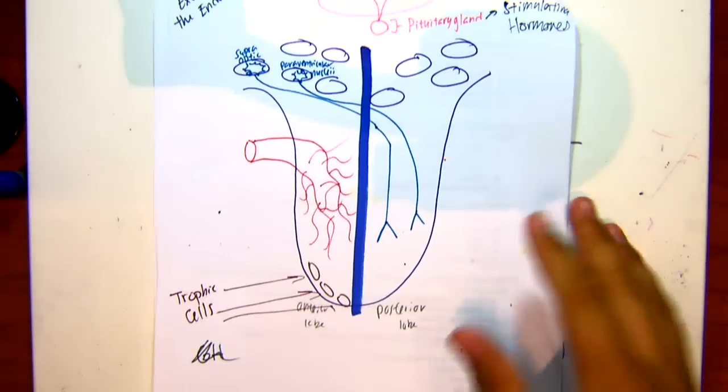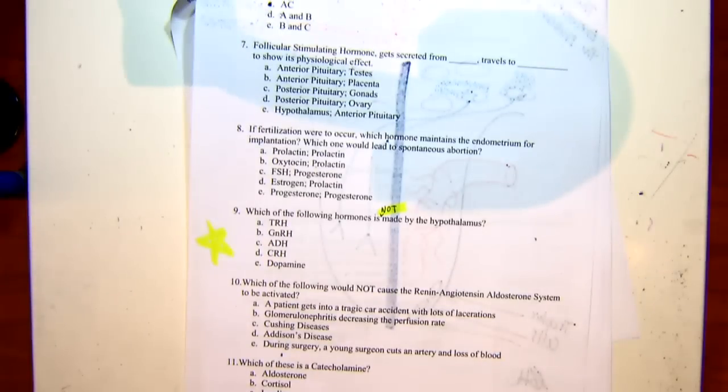So, yeah. Know what goes through what connection. So if I wanted to secrete gonadotropin releasing hormone, which pathway would it go through? Would it go through the axons? Or would they go through the portal system, stuff of that nature?